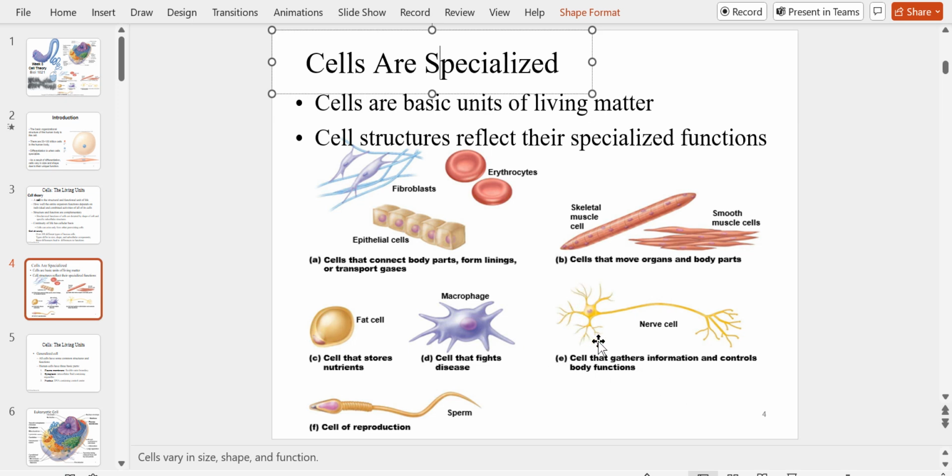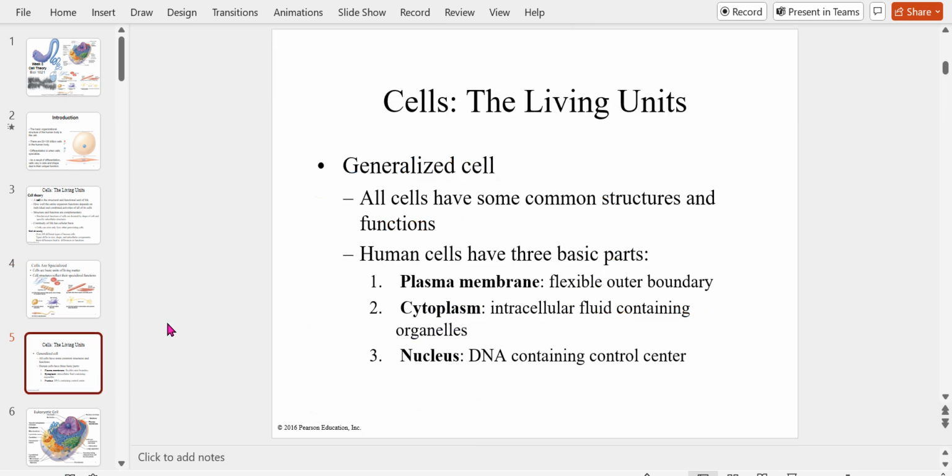Nerve cells are very obvious and easy to detect because of their unique shape and structure. And here is the spermatid, the sperm cell. All have different functions. Why? Because they all have different shapes and sizes.